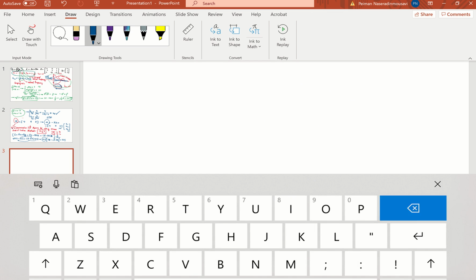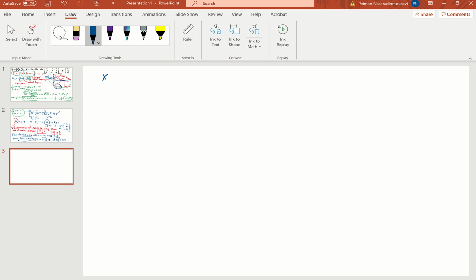Let me write down here. So x of s is (sI minus A minus BK) equal to x at time 0, the state vector.